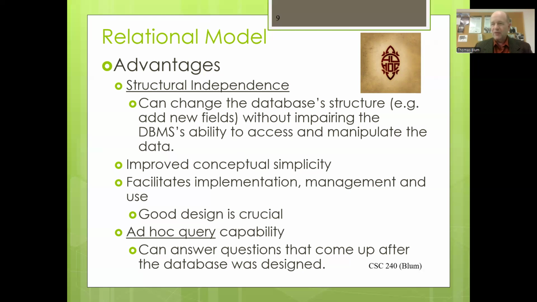And it should be easier than, at least historically, what came before relational databases, which were the hierarchical and network databases. So the database should make it easy to use, easy to implement, and easy to manage. Of course, you've got to have the good design. And again, as I said before, we want this ad hoc query capability. We want to be able to ask a question that just came up that we didn't think of originally.